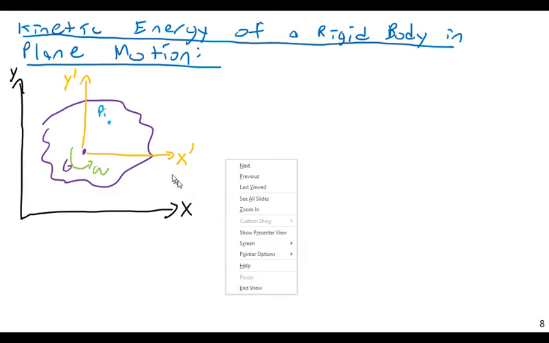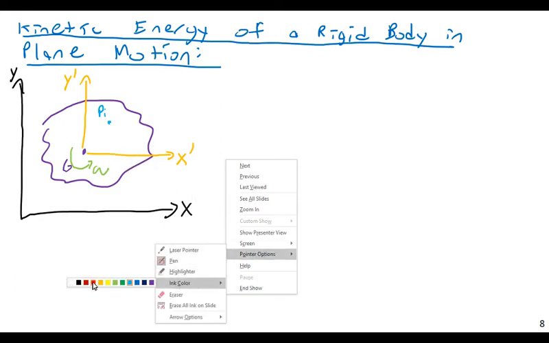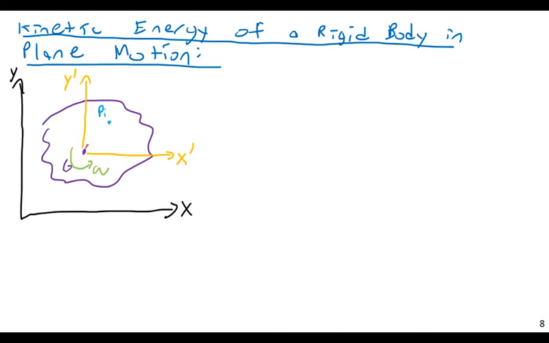And then we would have an Ri prime. That is the radius from the center of gravity to our particular point, Pi.